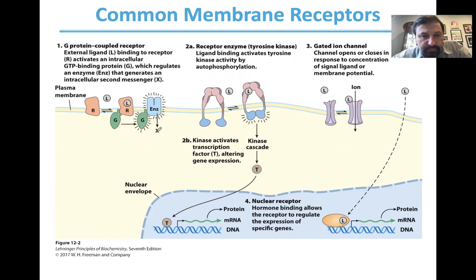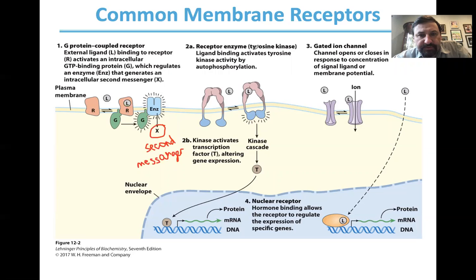And so this enzyme then will produce another molecule, X, commonly referred to as second messenger. So this will be G protein coupled receptor.